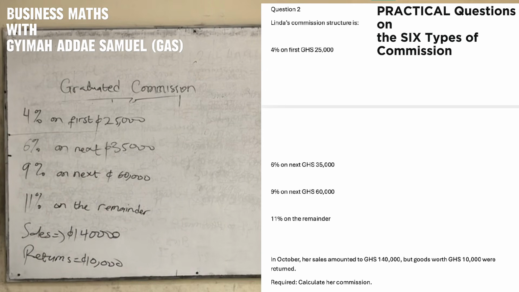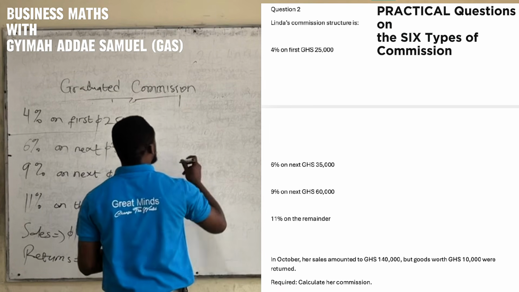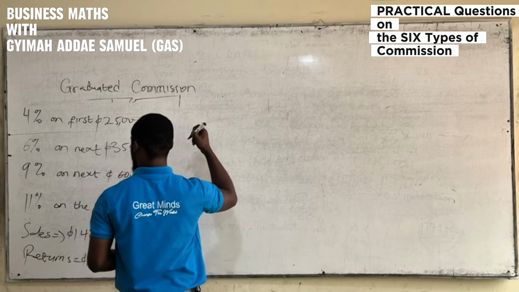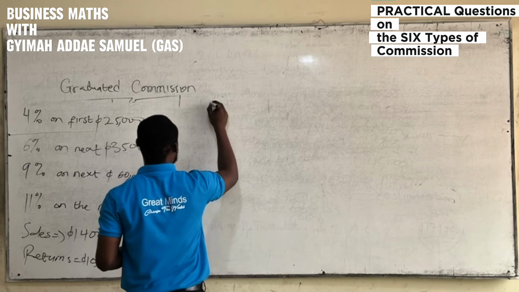So calculate her commission. So with this question, sales have been given, returns have been given. So what you do first is that you subtract your returns from your sales to get the actual sales.